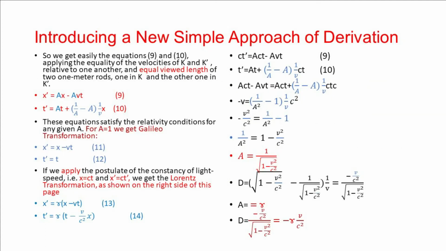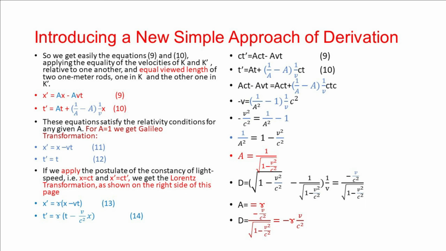So we get easily the equations 9 and 10, applying the equality of the velocities of k and k' relative to one another, and an equal viewed length of two 1 meter rods, one in k and the other one in k'. Equation 9. x' equals ax minus avt. Equation 10. t' equals at plus open parentheses 1 over a minus a close parentheses times x over v.